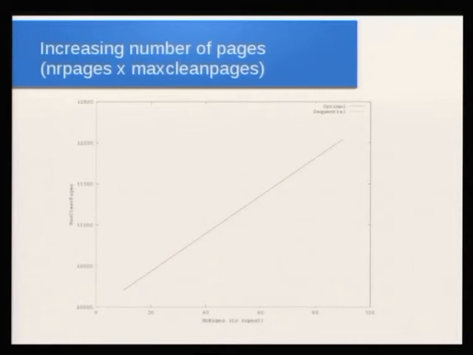And then these are the results from the simulation, just the output. So here in blue we have the optimal cleaner, in red the sequential cleaner, and on this axis we have the maximum number of clean pages and the number of pages, as described earlier. So as we increase the number of pages that are repeated in the writer sequence, the maximum number of clean pages increases, which is expected.